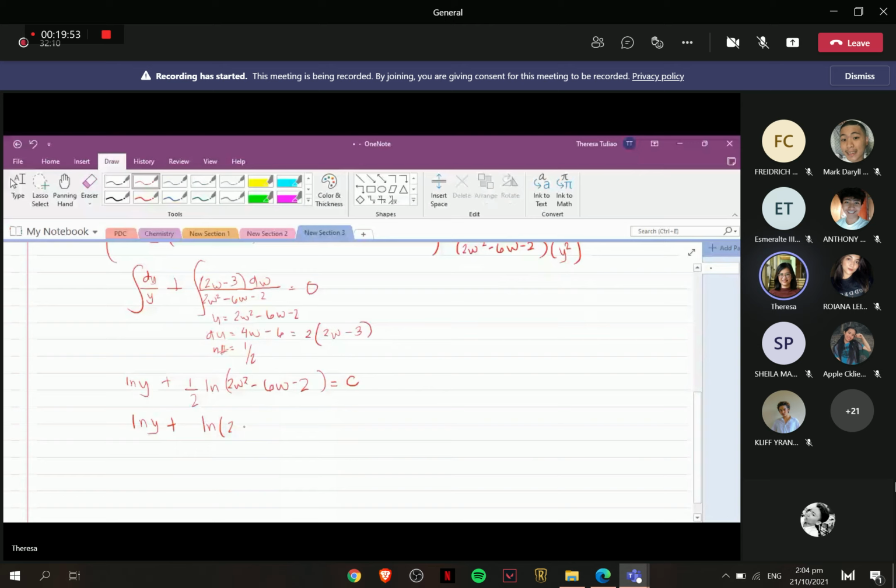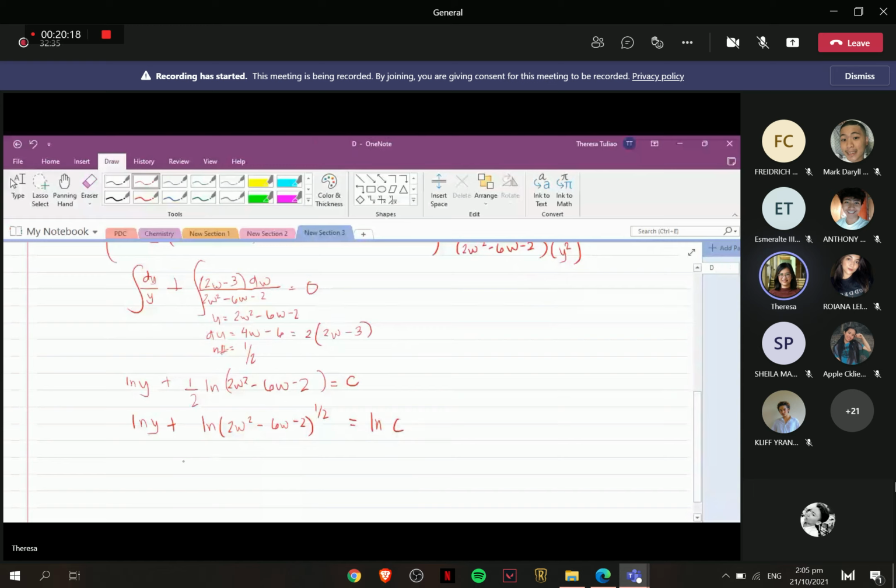So, mapapansin niyo class, madalas na mamimit niyo dito ay ln, no? So, it would be useful if you review laws of logarithm. So, 1/2, okay, equal to ln of c. Okay, so all of them are in terms of ln.